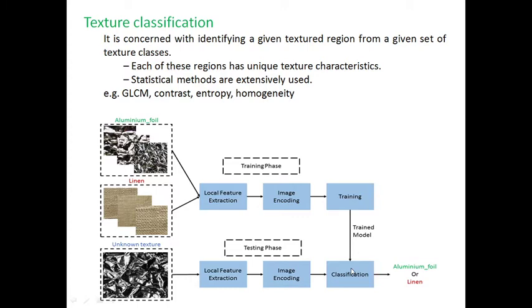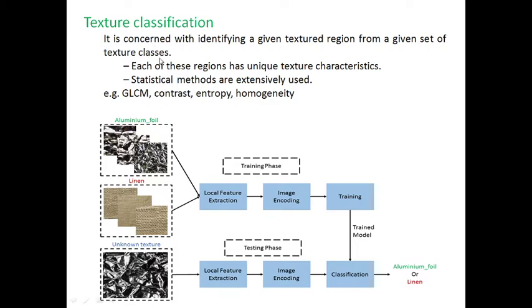So after the comparison, I am able to recognize what the given testing image is. What is the texture present in the testing image? Whether it is aluminum foil or whether it comes under the family of linen.